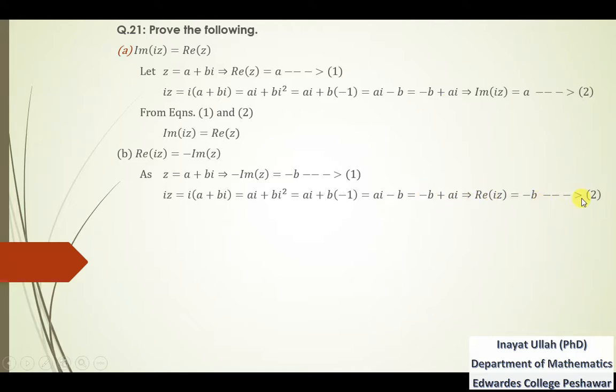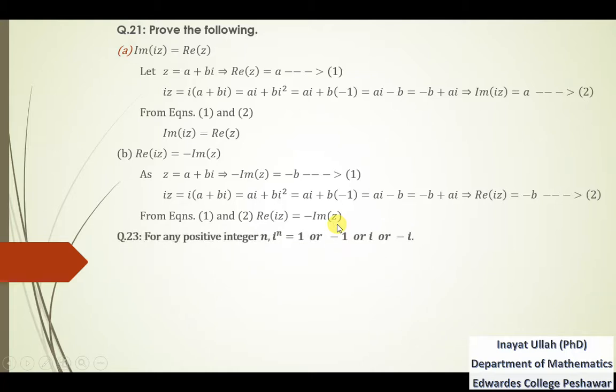That is equation 2. So we see here that minus the imaginary part of z is minus b, and the real part of iota z is again minus b. So it means that the real part of iota z is equal to minus the imaginary part of z. That is the proof of the second part.